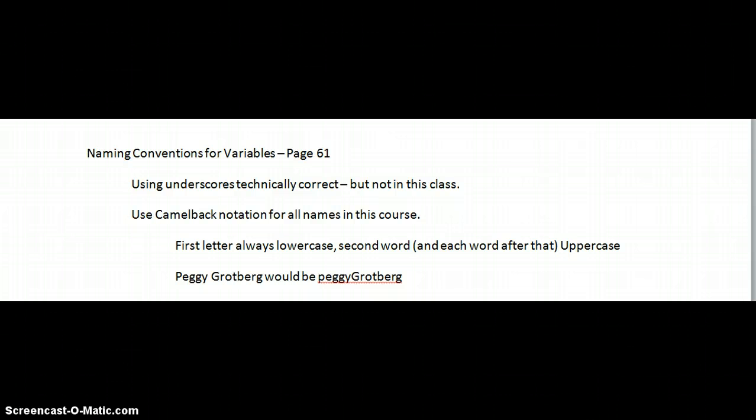Camelback notation, as it is described at the bottom of page 61, is where the first letter is always lowercase, and the second word and each word after that is going to be uppercase, and there'll be no blank spaces. For instance, the words Peggy Grotberg would be Peggy with a lowercase p and Grotberg with a capital G with no space in between the two words. That would be an appropriate Camelback notation for those words.